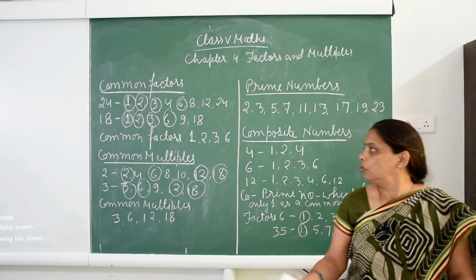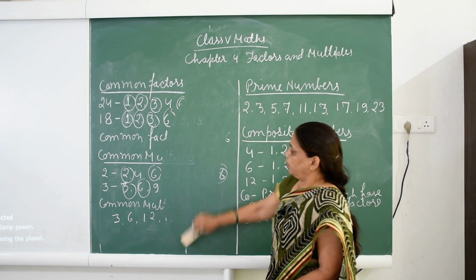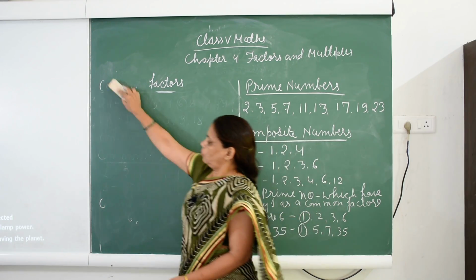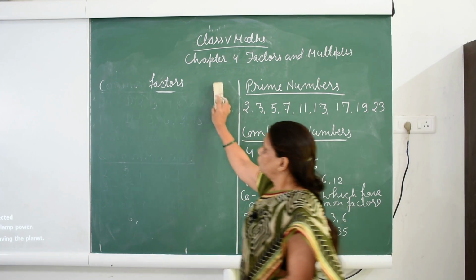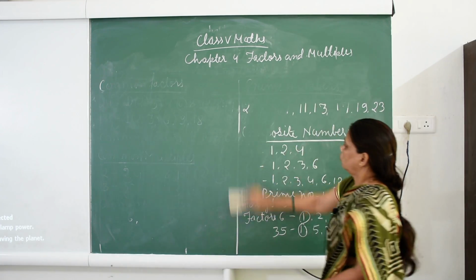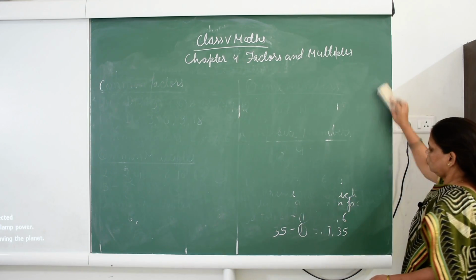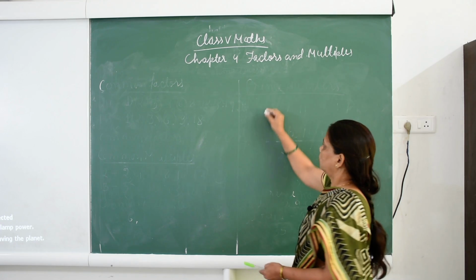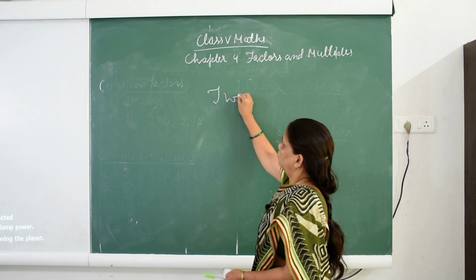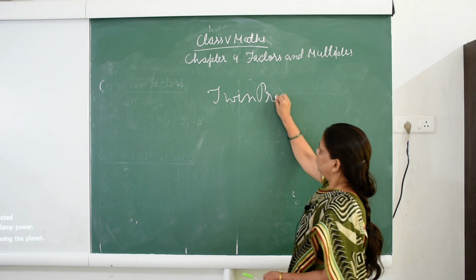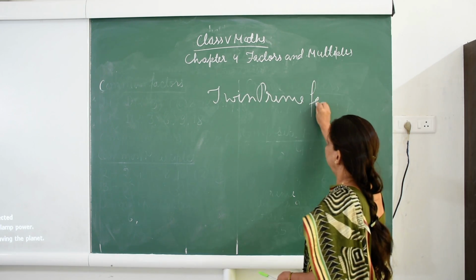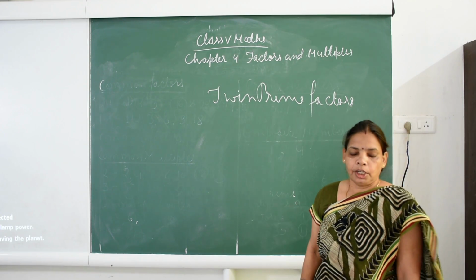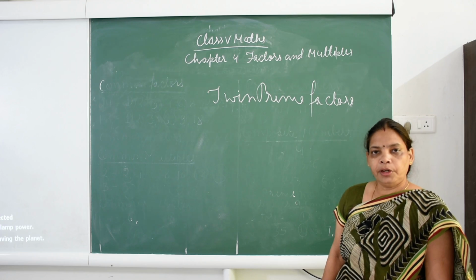Now children, we will learn twin primes. What are twin primes? When the difference of two prime numbers is 2, they are called twin prime numbers.